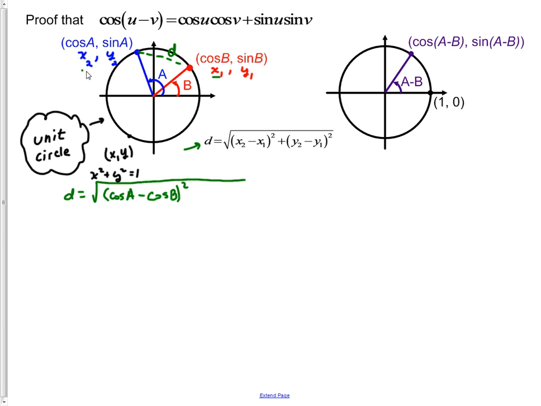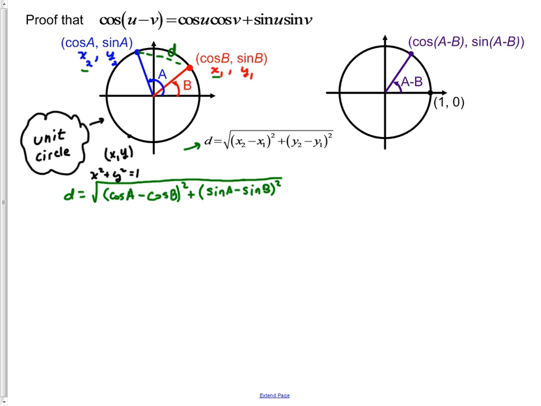Plus the difference in our y values. In this case, y2 is the sine of A, and y1 is the sine of B. So that quantity is squared. All right, so bear that in mind. That is actually the distance between these two points.